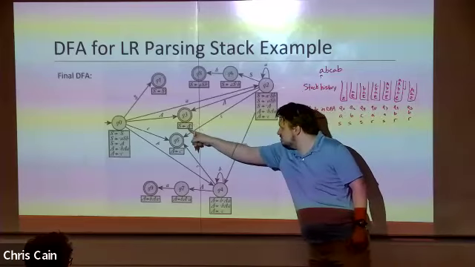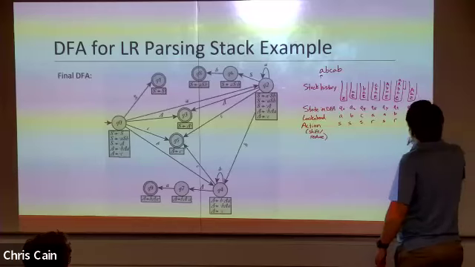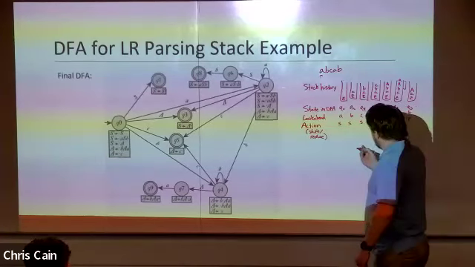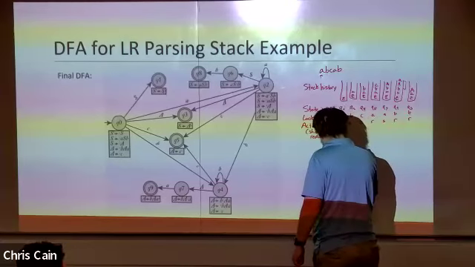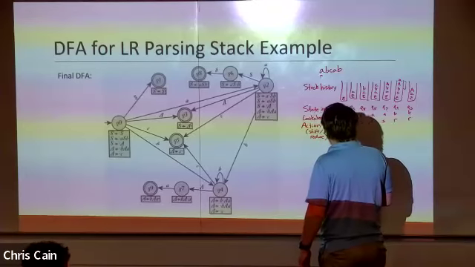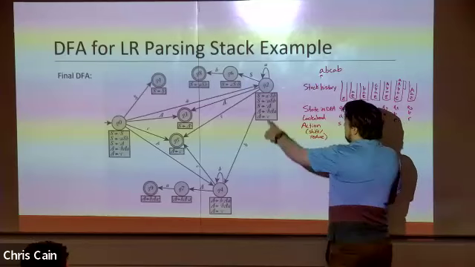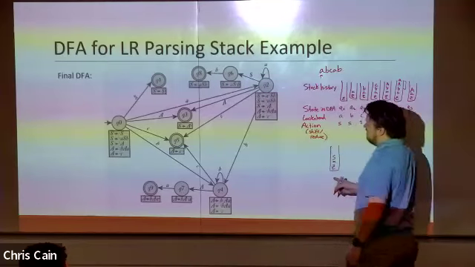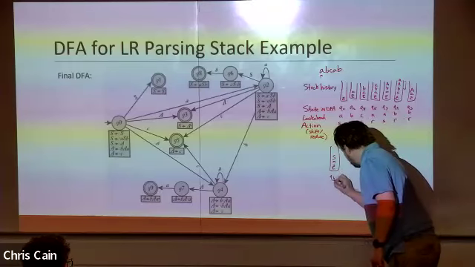And now we need to consume that A so we can turn it into an S. So here we're going to reduce again. As we do this, we go back to Q2, but now we need to consume the S and go to Q6. We'd be in state Q6.